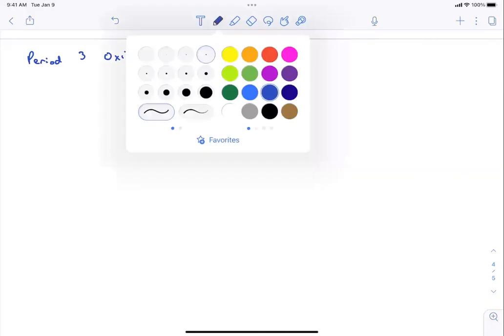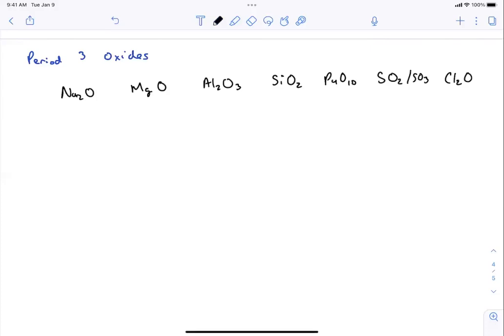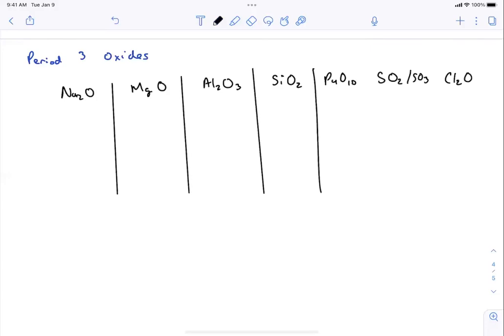And so what we're talking about here is Na2O, MgO, Al2O3, SiO2, P4O10, SO2, SO3, then Cl2O are your big ones. This table is not super long. It's only about 3 or 4 characteristics here. So don't take a whole page for this.